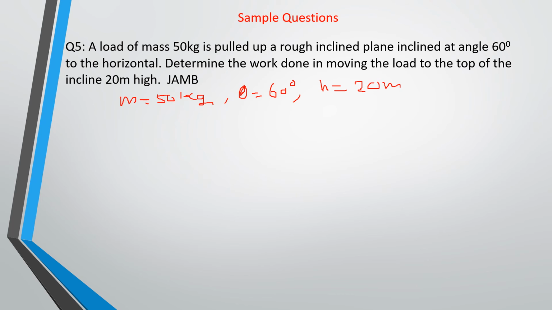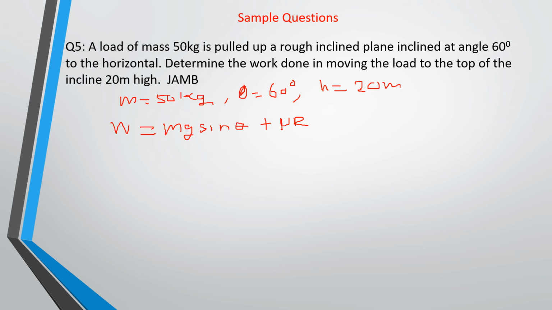So we said that work done for moving an object up an inclined plane is equal to the component along the plane, mg sine theta, plus the frictional force that is opposing that motion.